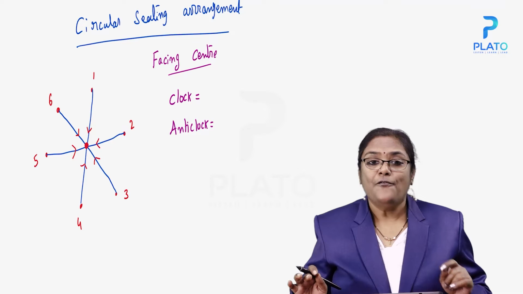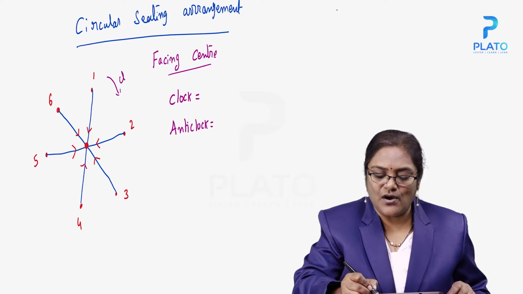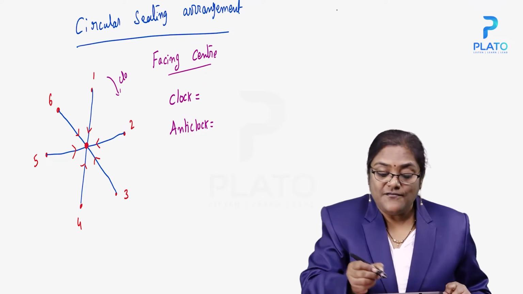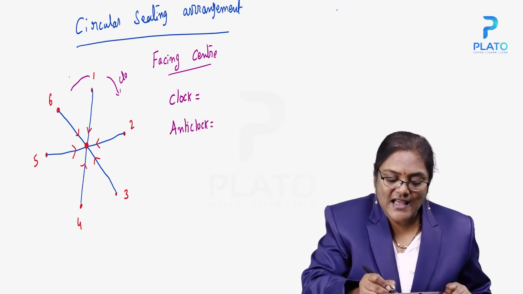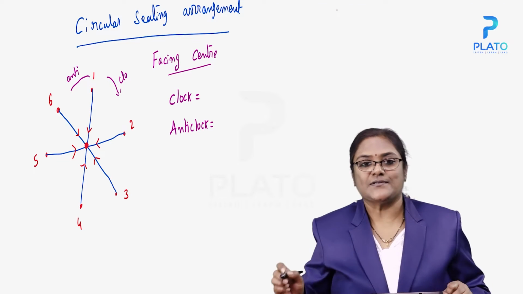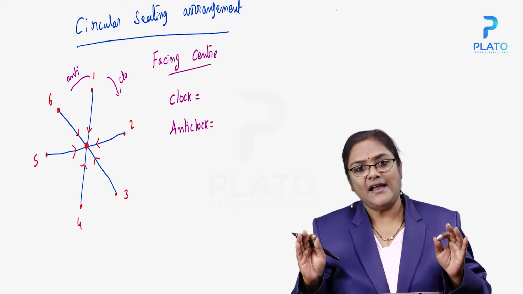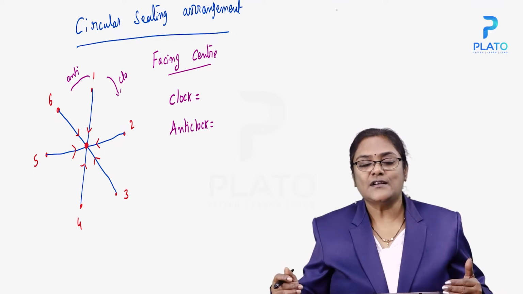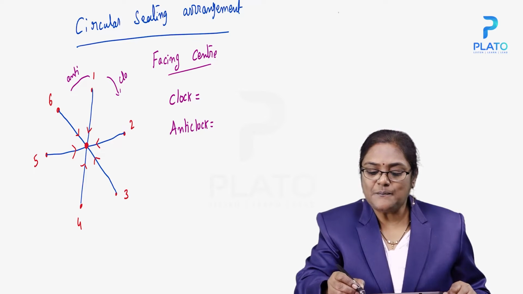For example, from 1 to 2, if you're going, this is called clockwise direction. From 1 to 6, if you're going, you can understand this is anti-clockwise direction. Like this, from any number, you know what is clockwise and anti-clockwise direction.